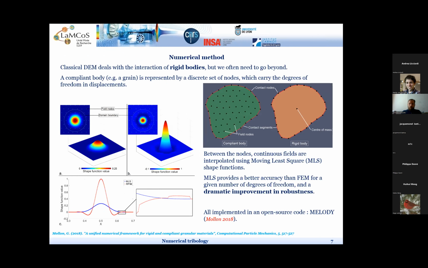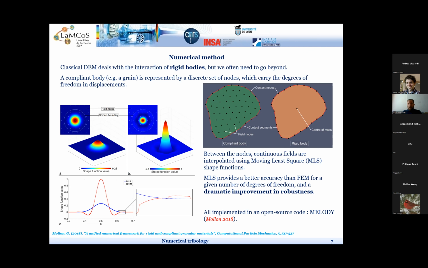We can go further than this because classical DEM, as I just showed you, deals with the interaction of rigid bodies only. And this assumption is always wrong when we look at industrial third bodies, because we have some very high contact stresses, way above 1 gigapascal, meaning that the grains don't remain rigid, they deform in most cases.